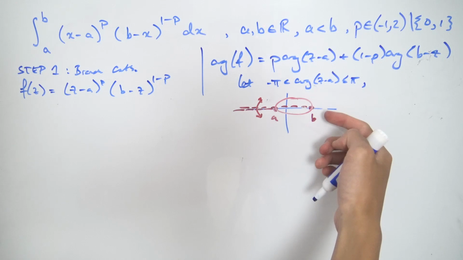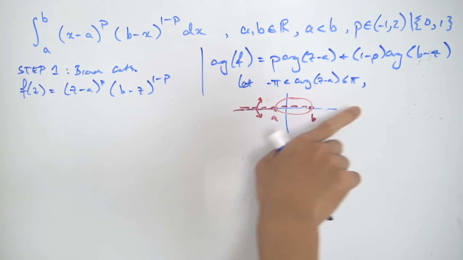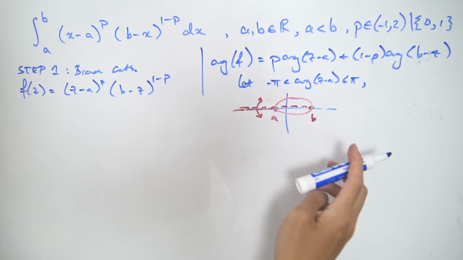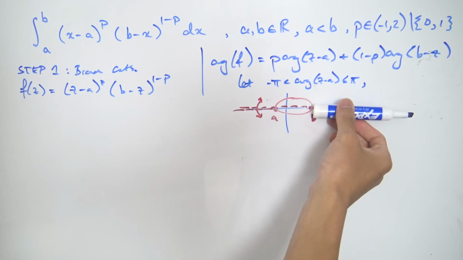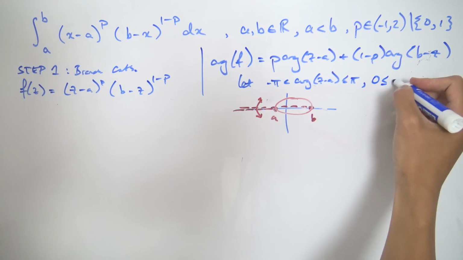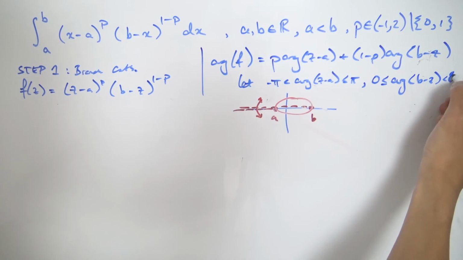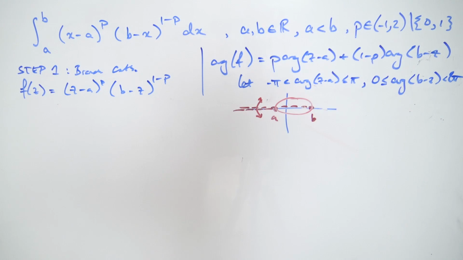So it looks as though we're going to be between minus pi and pi, but because we want to reflect everything, we need to imagine it's going the other way, so between 0 and 2 pi. So we're going to have 0 less than or equal to the arg of b minus z, which is less than 2 pi. So something like that will work out nicely.